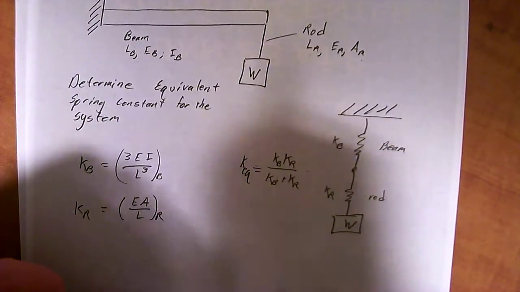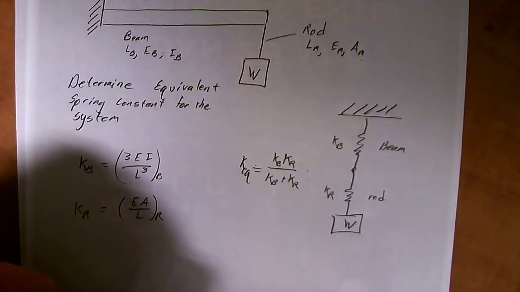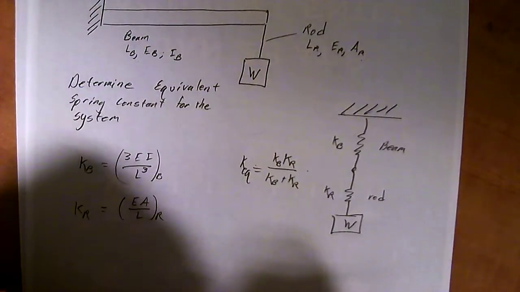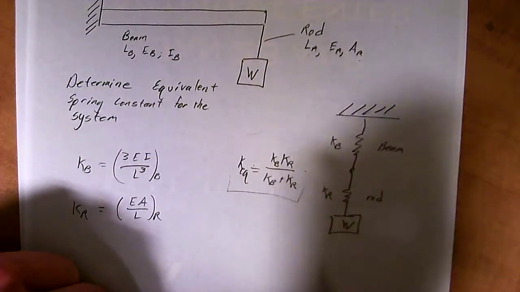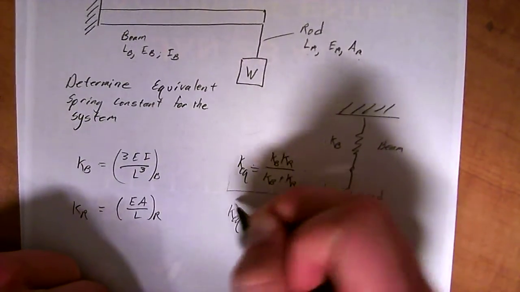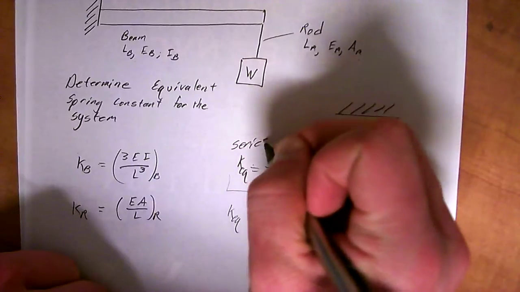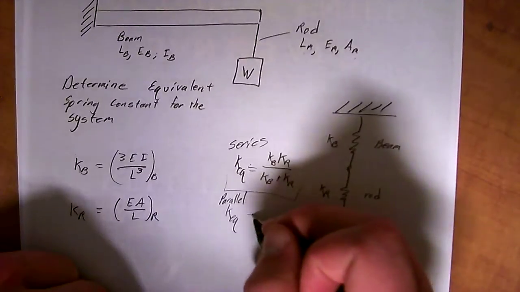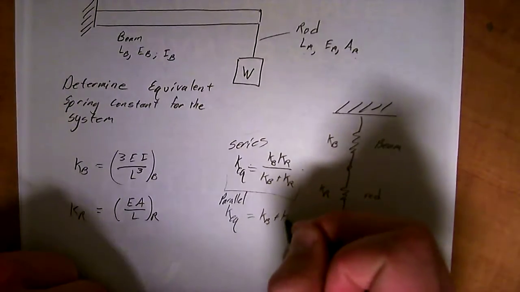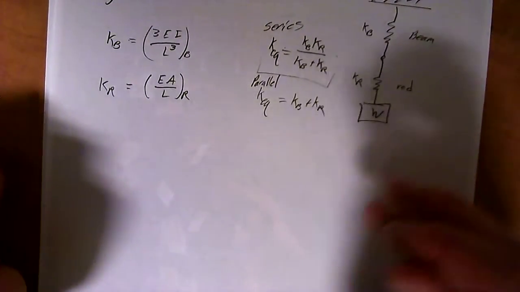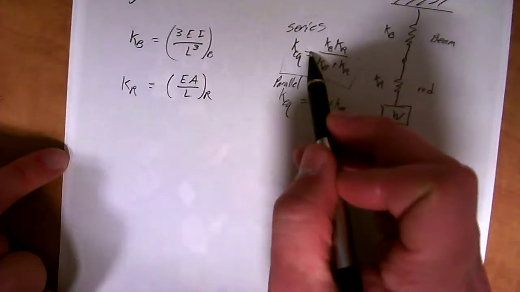So springs in series act like resistors in parallel, basically. So it's an inverse reciprocal relationship there. So this is the relationship for springs in series. If it happened to be in parallel, then it would be equal to KB plus KR. So really easy there. But this problem is a little bit more complicated than that.